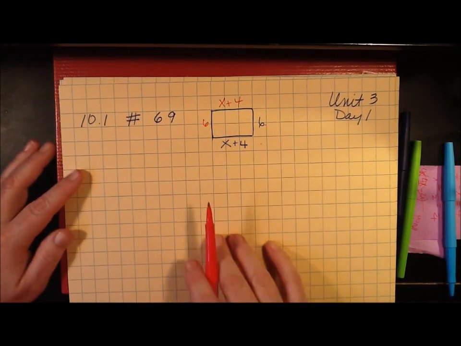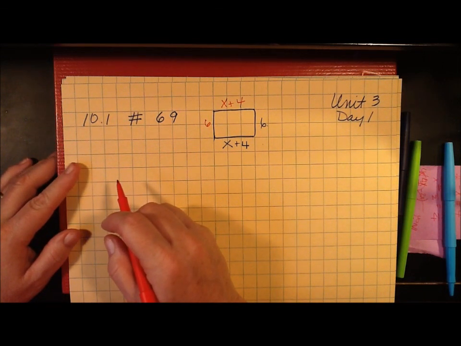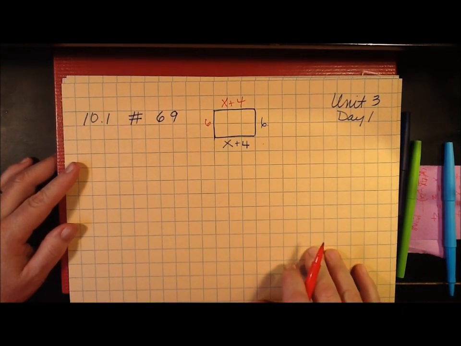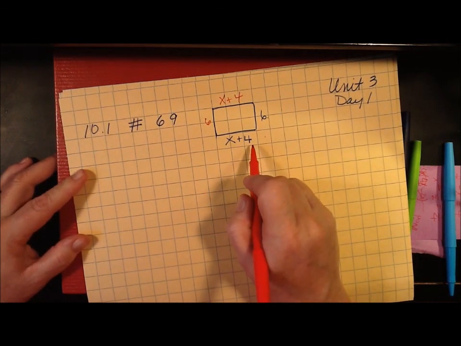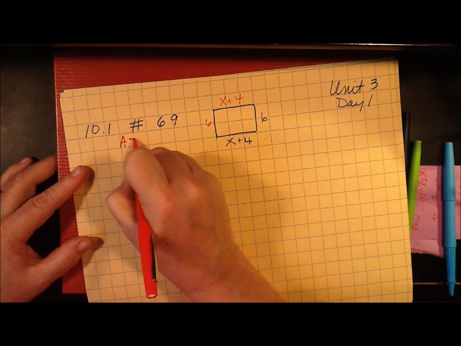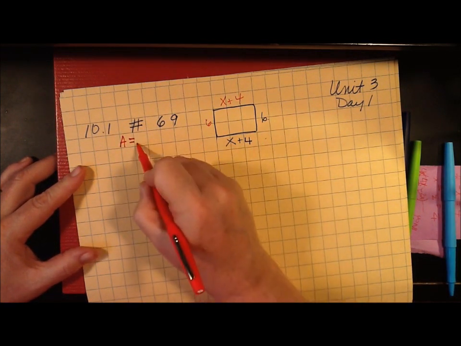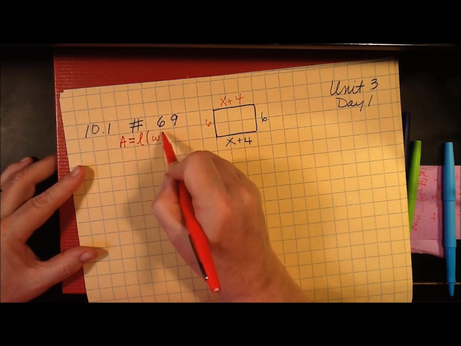But here we are writing two equivalent expressions for the area of this figure. And what they want us to do is start with area. Remember, the area of a rectangle is the measurement of the length times the measurement of the width.